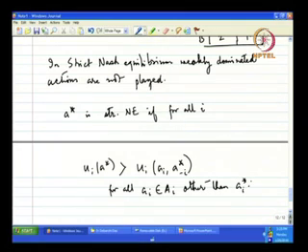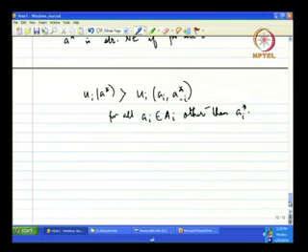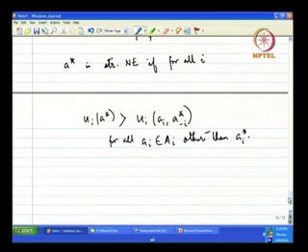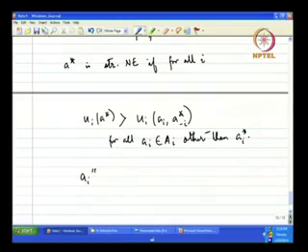This was the definition of strict Nash equilibrium, that for each player, if he plays some other action other than the Nash equilibrium action, his payoff should go down. Now, from this one can conclude that in strict Nash equilibrium, weakly dominated actions are not going to be played, because if some player i is playing a weakly dominated action a_i'', then there must be some action which is weakly dominating this action, which is a_i'.